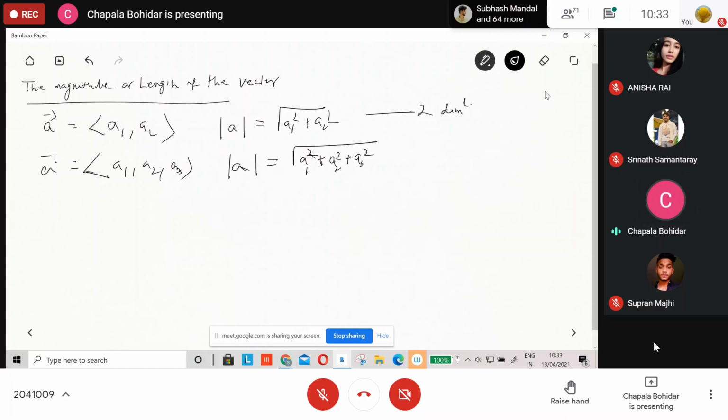Okay. All of you know the addition of vectors, subtraction, scalar multiplication. Is it necessary to say? All of you know the two-vector addition. Vector A is given in two dimensional as A1, A2, and vector B is given as B1, B2, and C is a scalar.